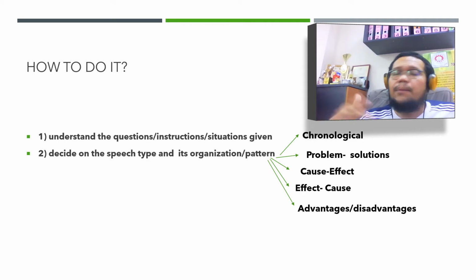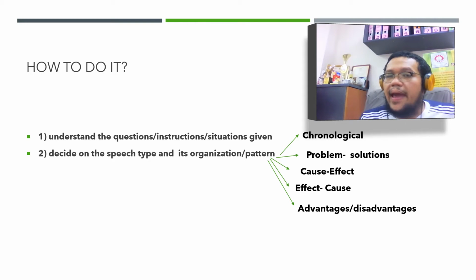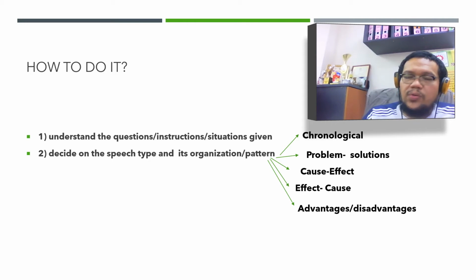Problem solution, maybe you were given a topic like pollution. The problem is pollution and how to solve the problem, so you're given two things to explain in your speech.